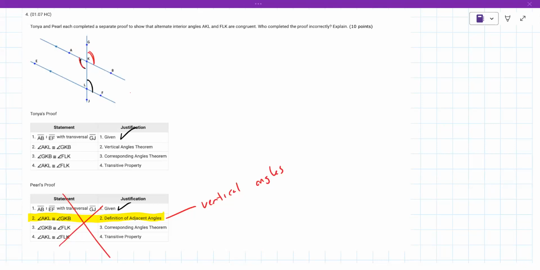So here's what I said: I just said Pearl's proof was incorrect because in statement 2, angle AKL and angle GKB are not adjacent angles. They are vertical angles. Exactly. Good. That should be sufficient.